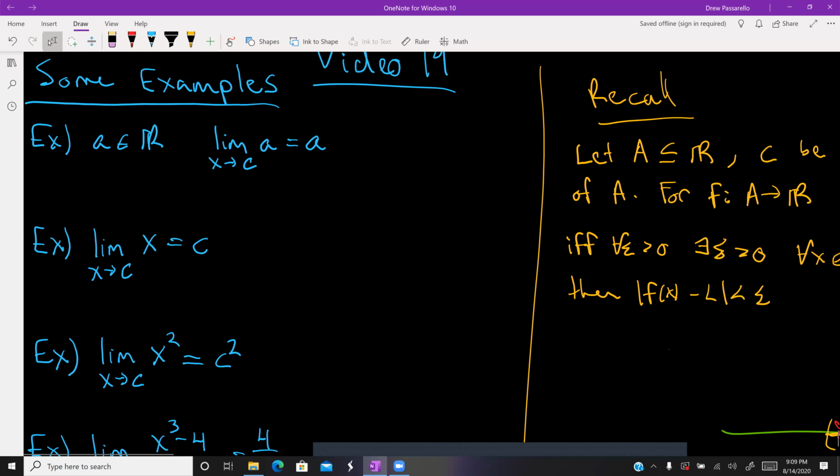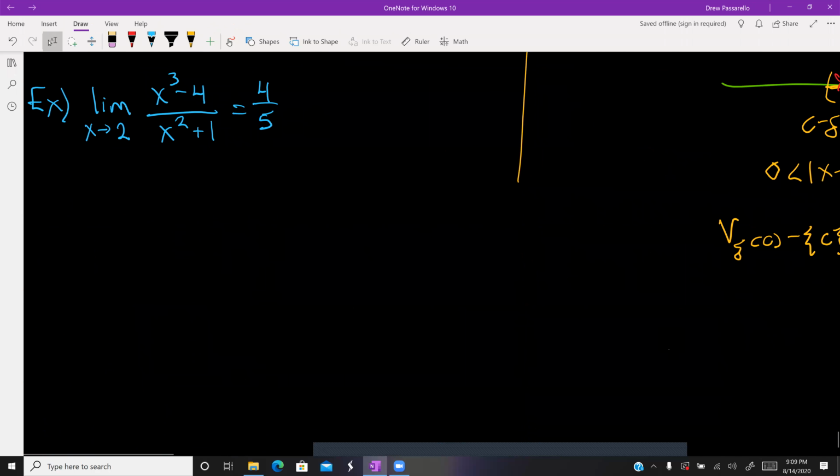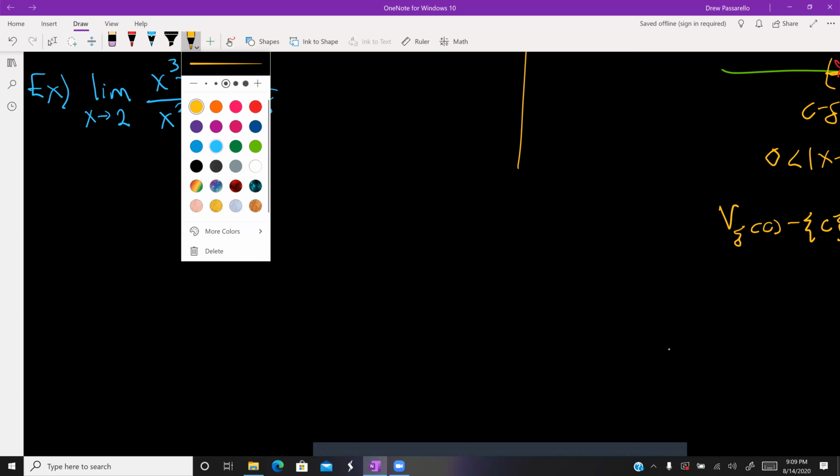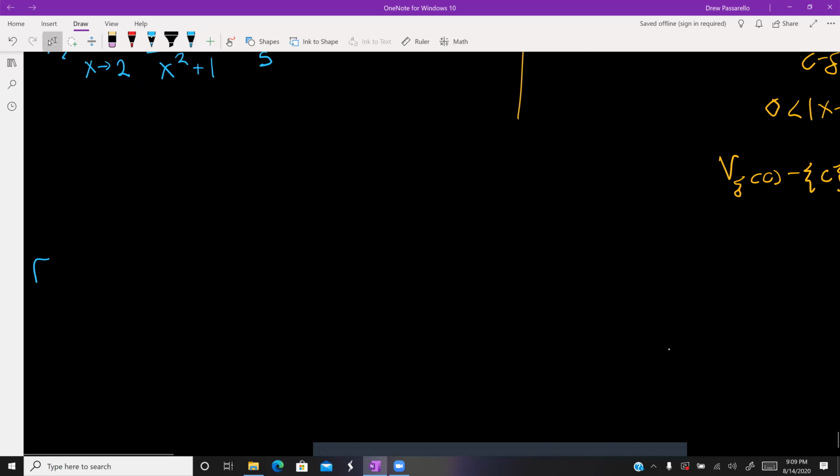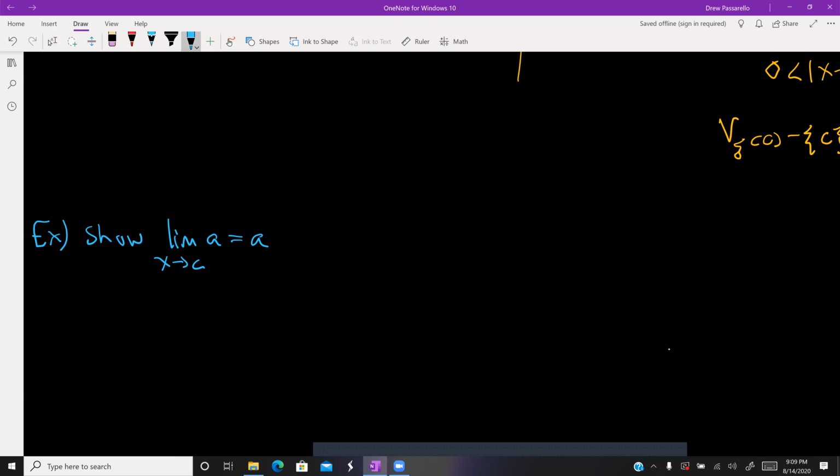So the first example is the constant function. So in this case, our function f of x is equal to a.